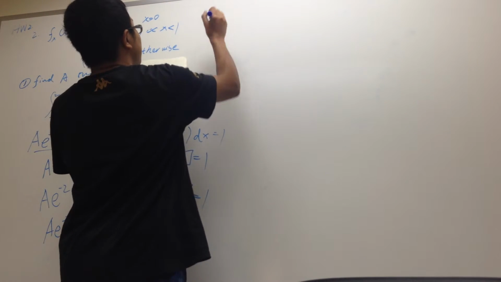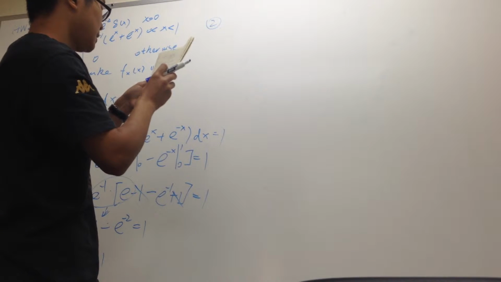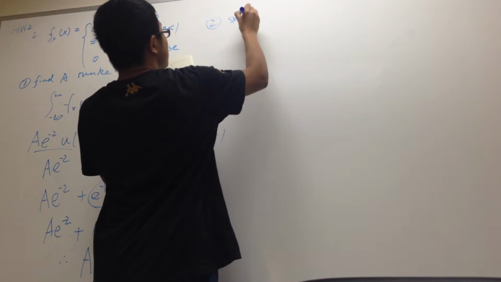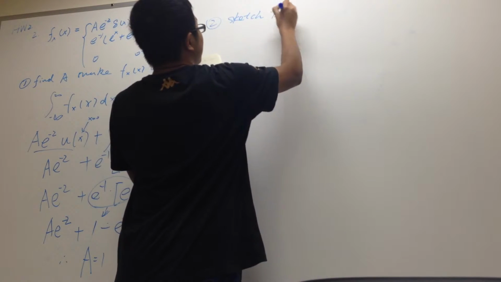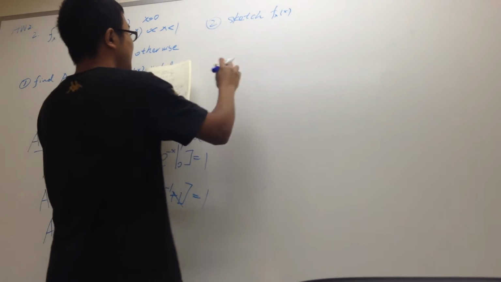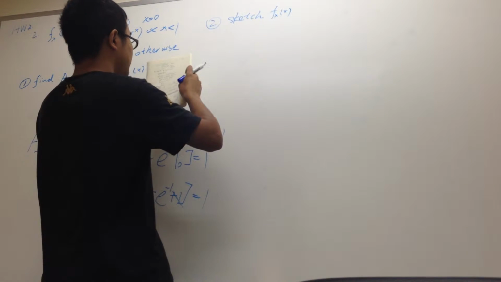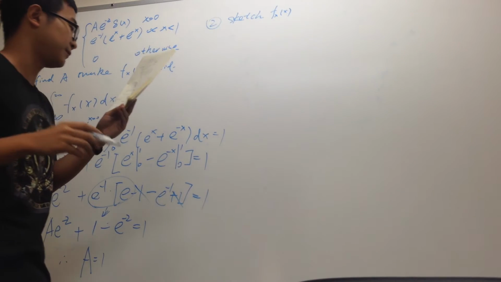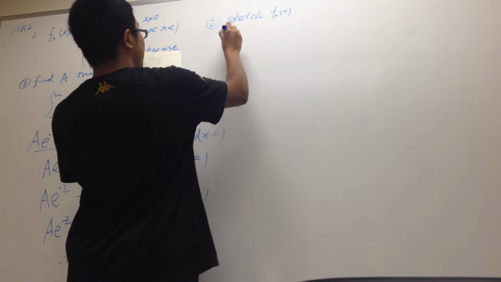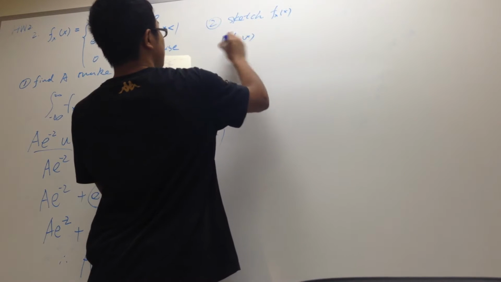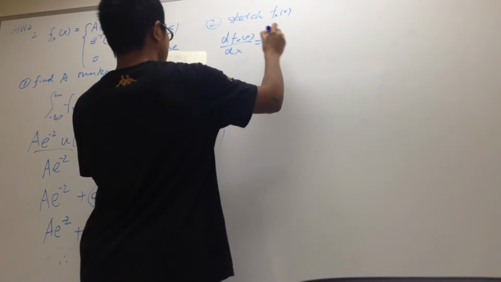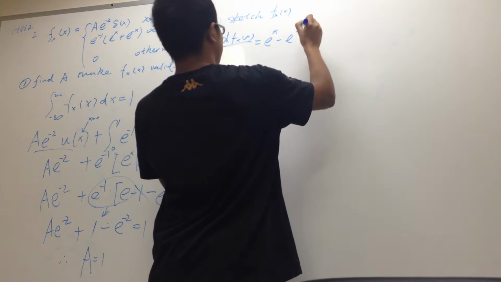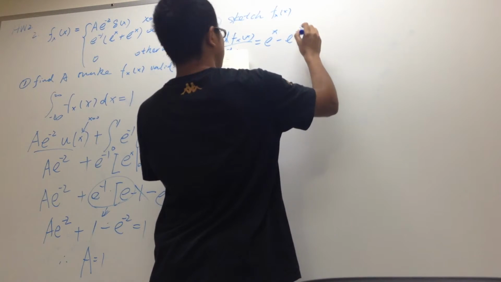In the second problem, we need to sketch the density function f_X(x). Firstly, we have to determine whether this function is monotone increasing. So we have df_X(x)/dx equals e^x minus e^(-x).